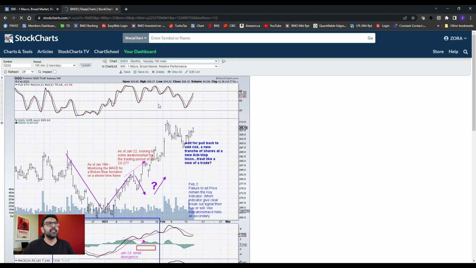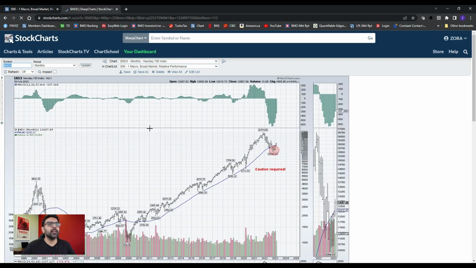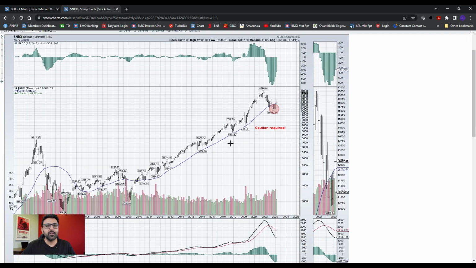Okay, let's see how the Nasdaq is doing on a monthly chart. I think this is my caution page. Yes, so here, am I still connected? I am. Here I had a 40-month moving average. It's been a pretty good area of support back in 2015, 2016, and 2019 and 2020.